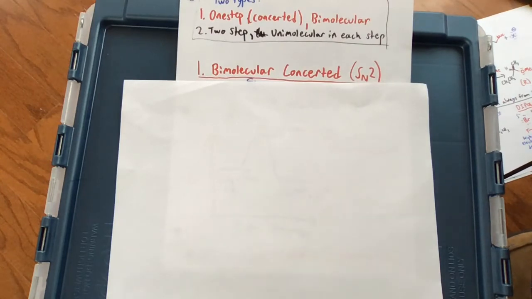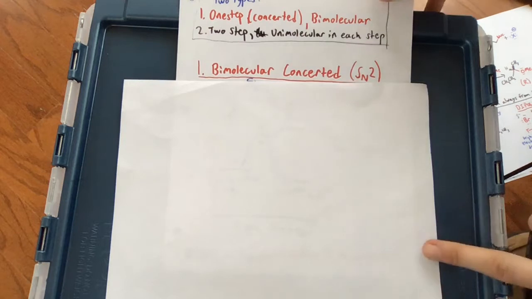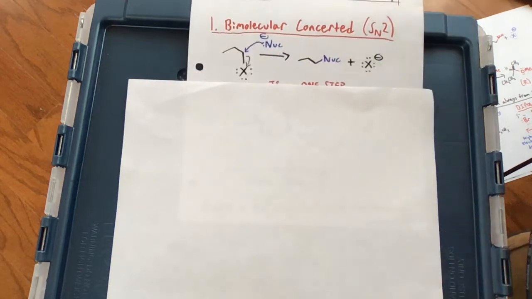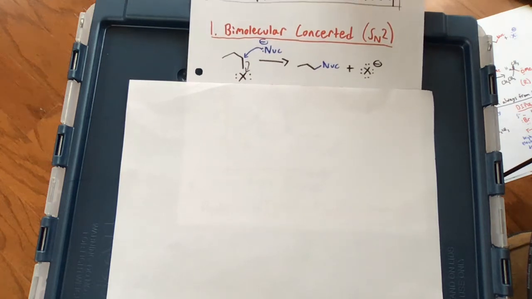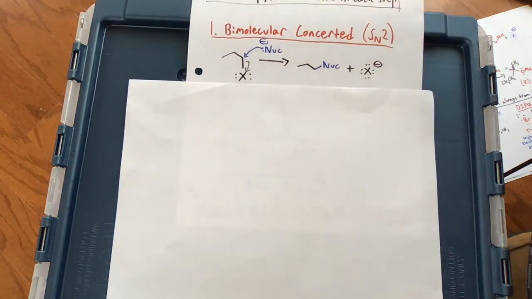So in this reaction mechanism, what happens is you have the alkyl halide, and the nucleophile attacks the alpha carbon, which then kicks out the halide atom, which then becomes a halide ion, a negatively charged ion, directly thereafter, leaving you with an alkyl nucleophile bond and just the halide anion.